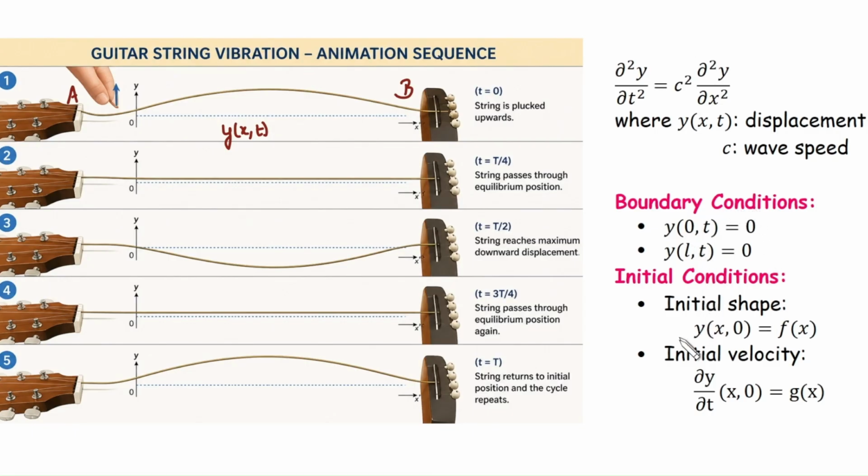So overall we are trying to understand how the string vibrates over time based on its initial shape and its fixed ends. Now using this understanding we will move towards solving the wave equation using separation of variables.